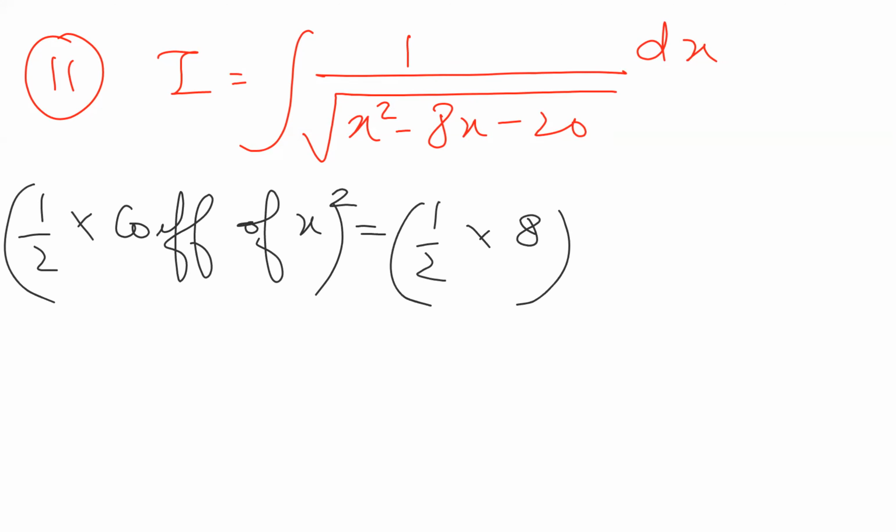Half into 8 the whole square, coefficient of x is minus 8, but then minus, even if we put square, will eliminate the minus sign. So this is 4 square. Now don't write 4 square as 16. Before the constant, after the constant, we are going to place this 4 square.